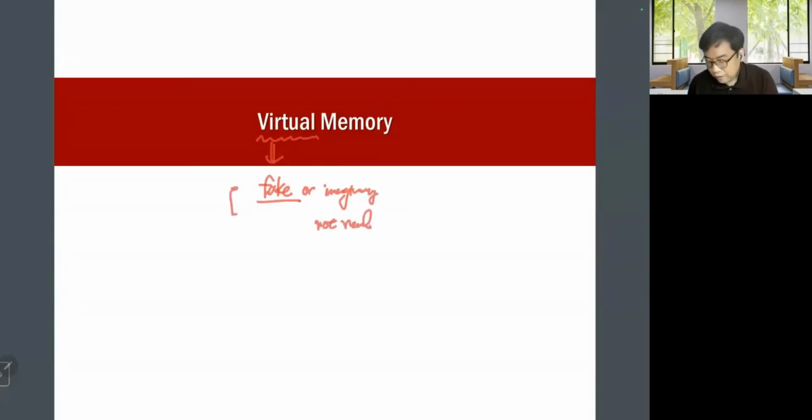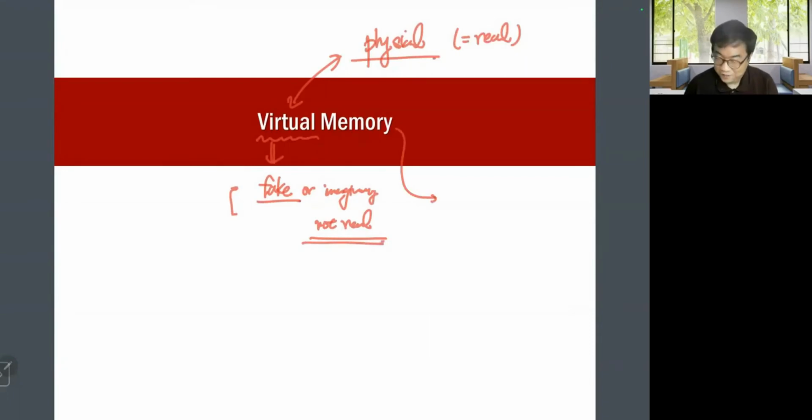The opposite concept of virtual is physical. In computer systems, physical means that it's real. Then what is virtual memory? I said virtual means it's not real, so we can say that this memory is not real memory.